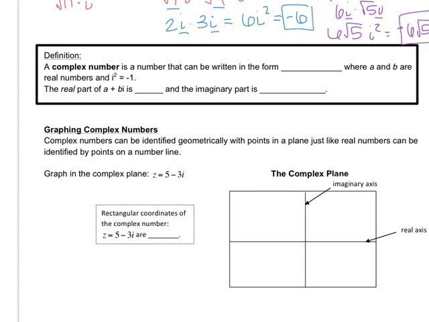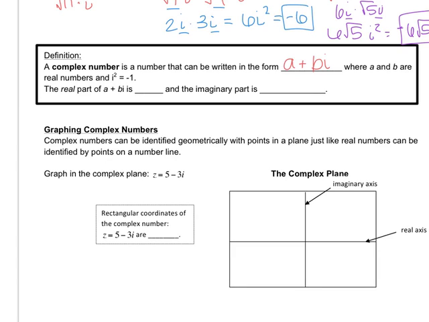So the formal definition of a complex number is any number that can be written in the form of a plus bi, where a and b are both real numbers, and i squared equals negative 1, or i equals the square root of negative 1.